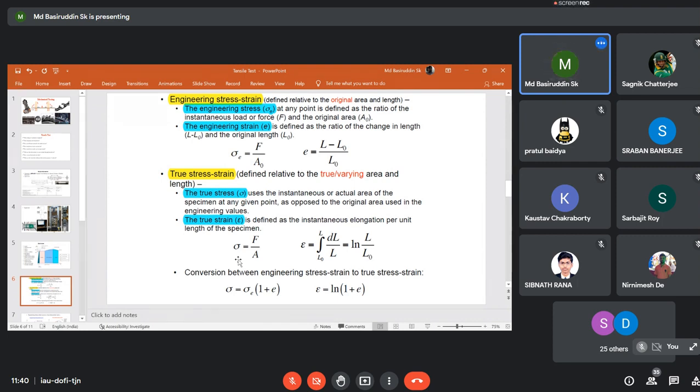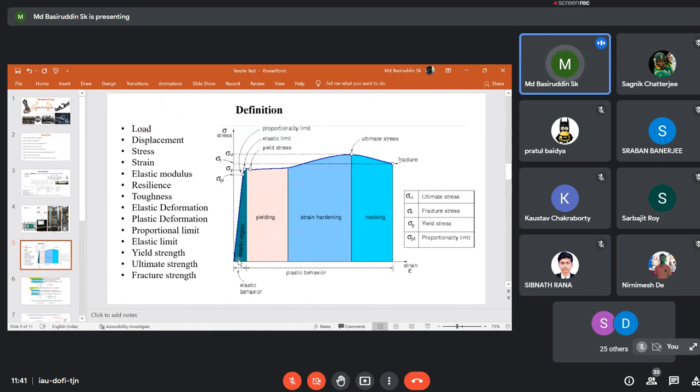Now, if you follow the pattern where you are evaluating the stress in each time frame, that means when you keep the load, you expect that your material will stretch, and when your material stretches, the cross section of the material will gradually reduce.